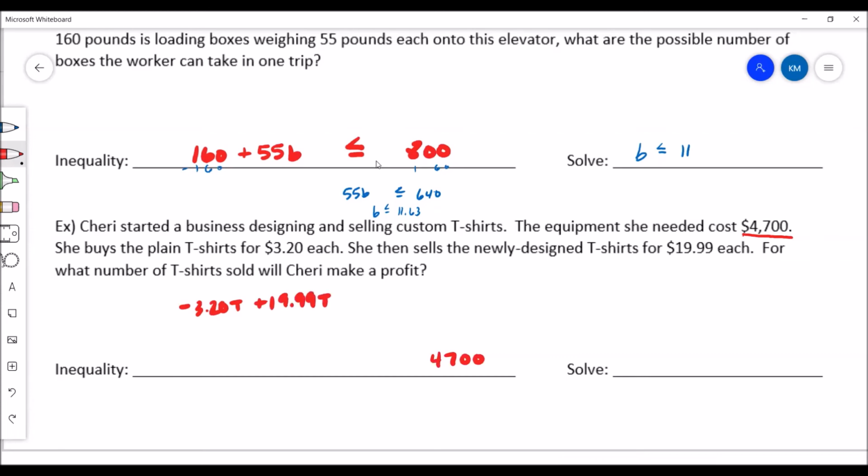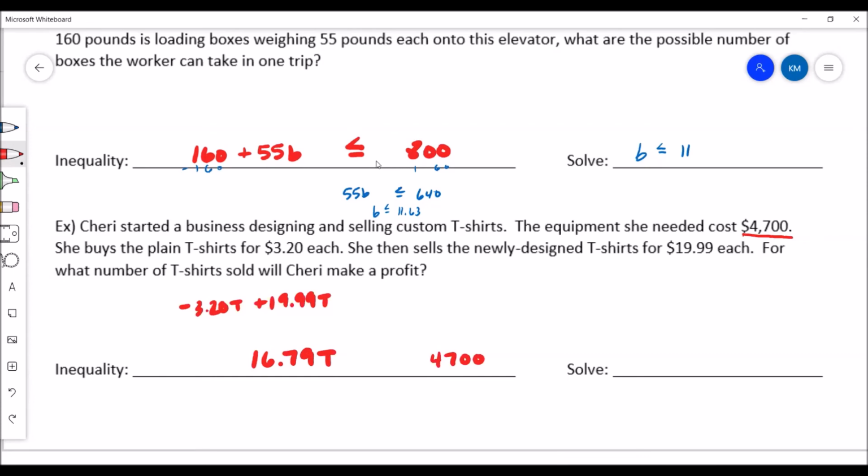So when we talk about t-shirts in general, we're talking about $19.99 minus $3.20, and that gives us $16.79. So 16.79T. This is how much she makes per each t-shirt that she sold.